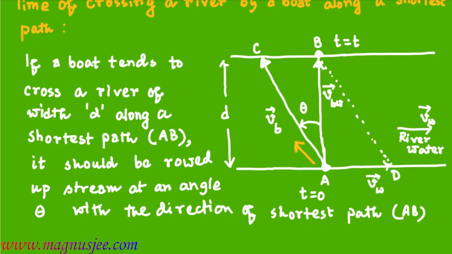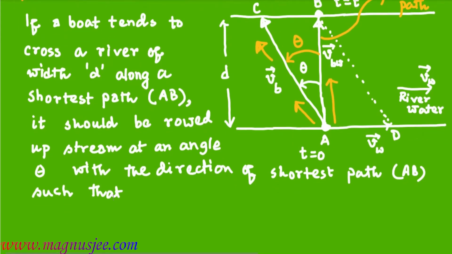That means the boat tends to move along AC, and a resultant motion of the boat will be along AB, and AB is the shortest path, such that the resultant motion of the boat will be along the shortest path, that is along AB.